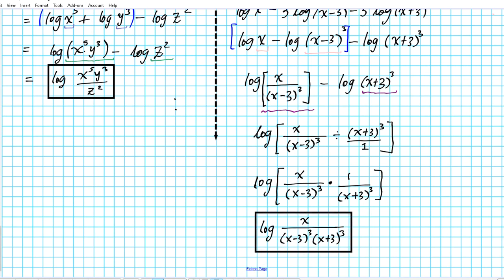You can write it like this, or if you want, you can write it as the common log, or log base 10 of x over x minus 3 times x plus 3, both of these raised to the third power, like that. Bam, and then the logarithm of that entire thing. These two are exactly the same. Both are correct. Alright, so this is basically how you condense logarithmic arguments.